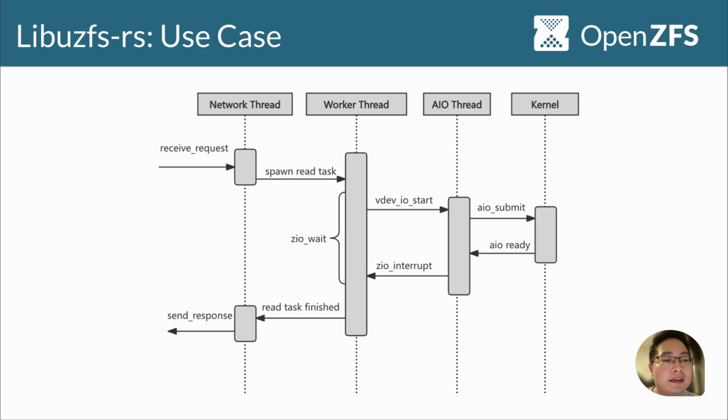If this read gets cache miss, the worker thread will submit a ZIO to the AIO thread and wait for its completion. When the ZIO is done, the AIO thread wakes up the worker thread so it can continue running. In this example, the worker thread is blocked until ZIO wait returns.